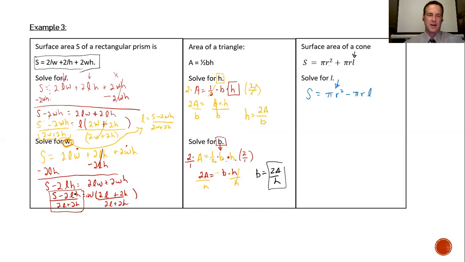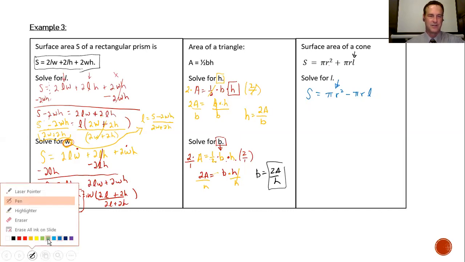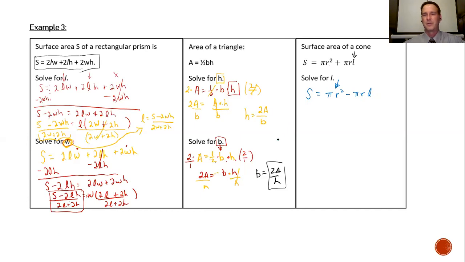So what I'm going to do is subtract the pi r squared from both sides. Okay, so let's subtract pi r squared. And minus pi r squared.